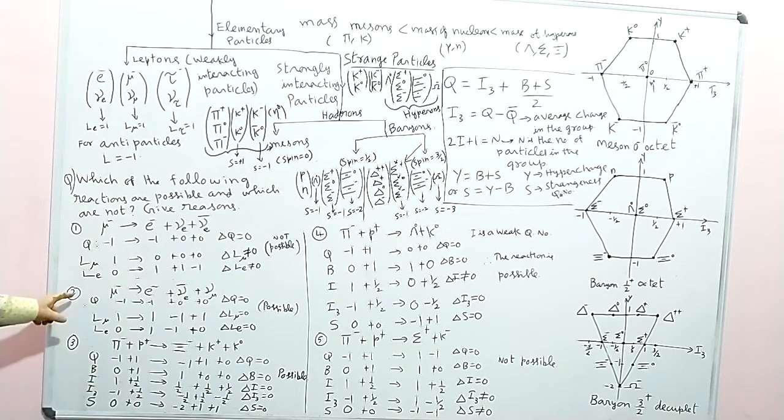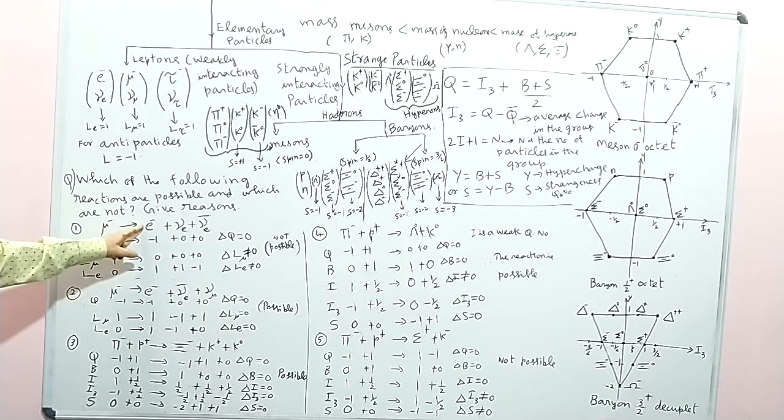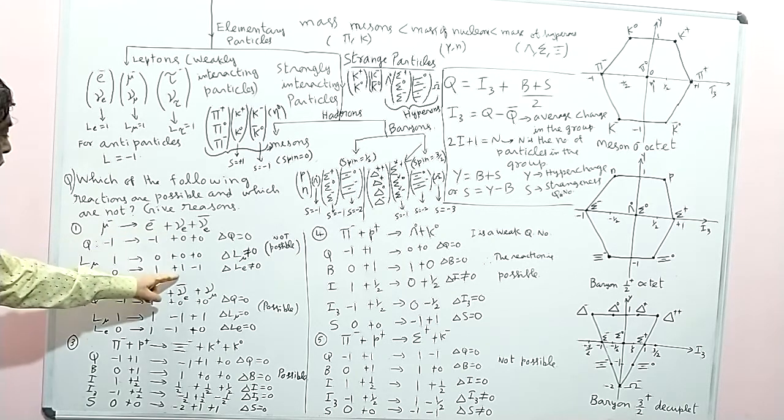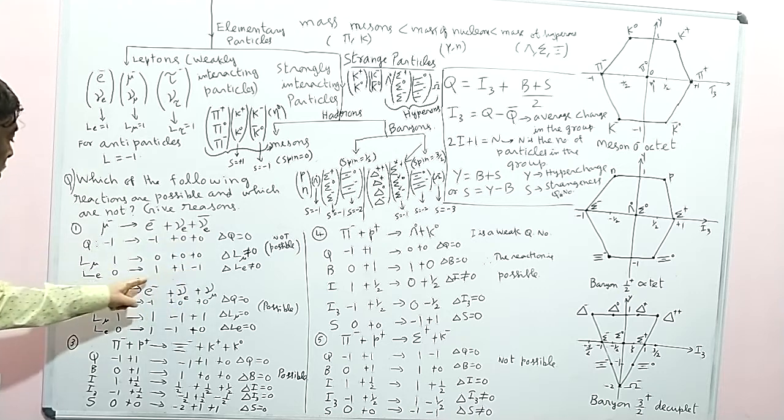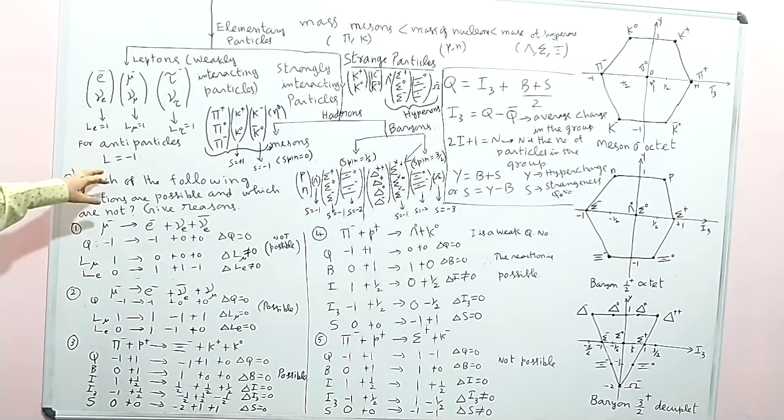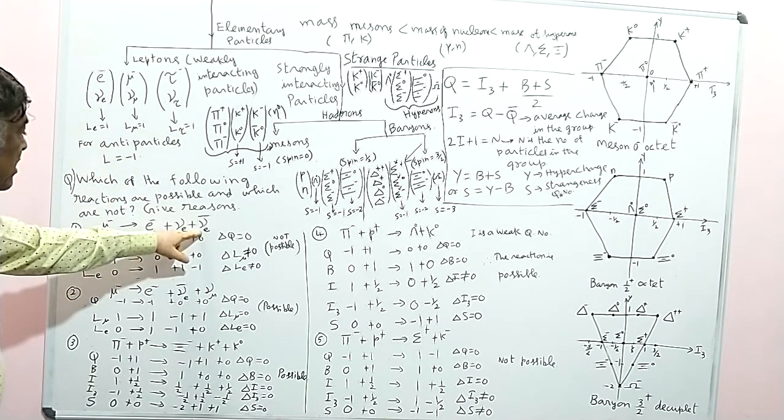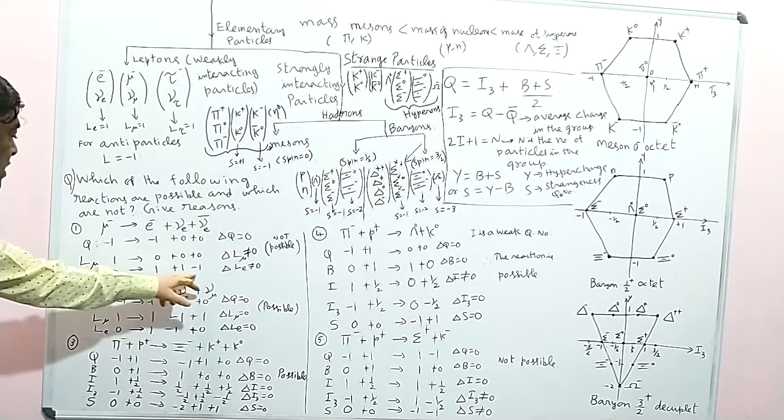Similarly, if you find Le, for the mu minus particle this is 0. For the electron this is plus 1, for the neutrino 1, and for the antineutrino minus 1. For particles the lepton number is plus 1, and for antiparticles the lepton number is minus 1. So for the antineutrino, since this is an antiparticle, this is minus 1.